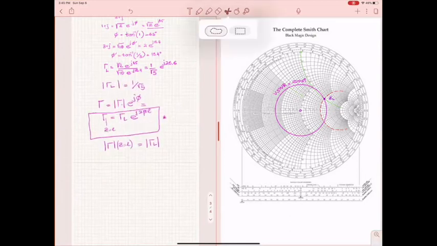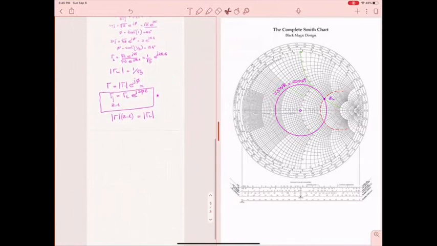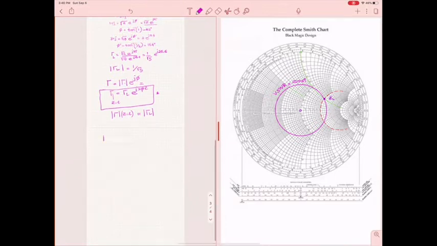And from that, we conclude that gamma magnitude in this particular case is going to be equal to 1 over square root of 5.